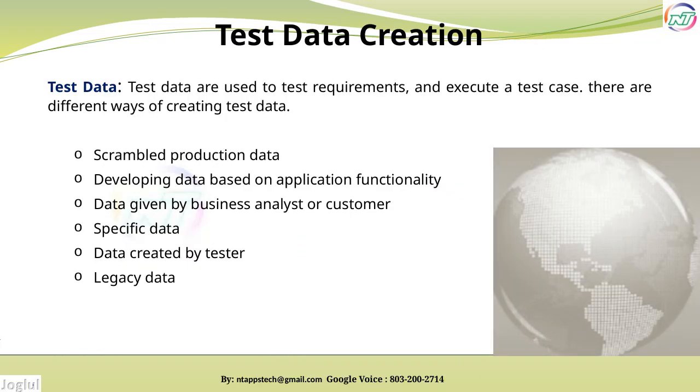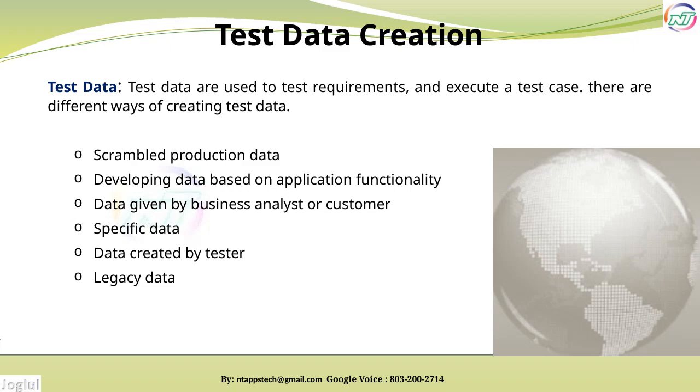Test data is essential for verifying that the software meets its requirements and for successfully executing test cases. There are several methods to create test data, each suited to different testing needs. One approach is using scrambled production data, which helps maintain privacy while using realistic data.